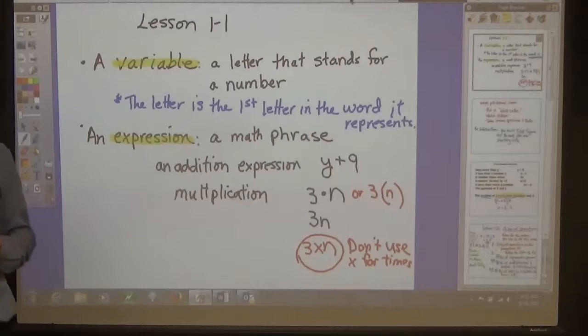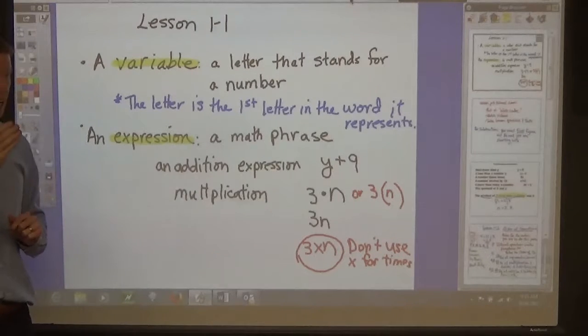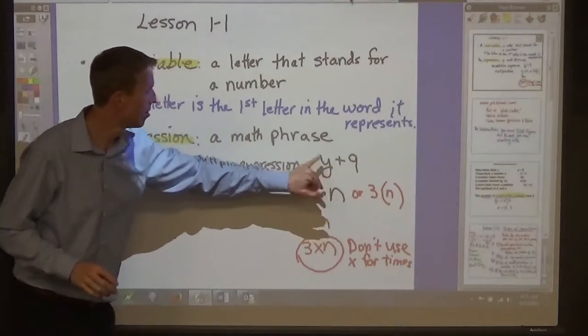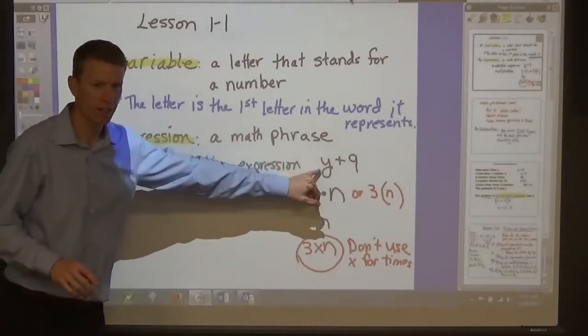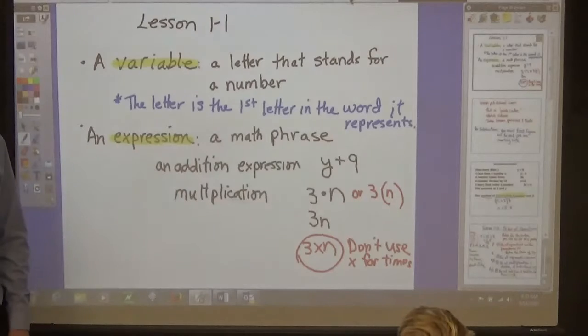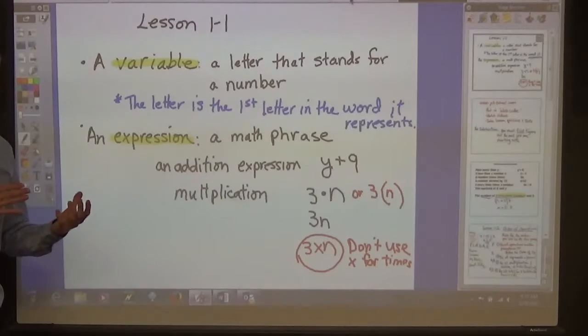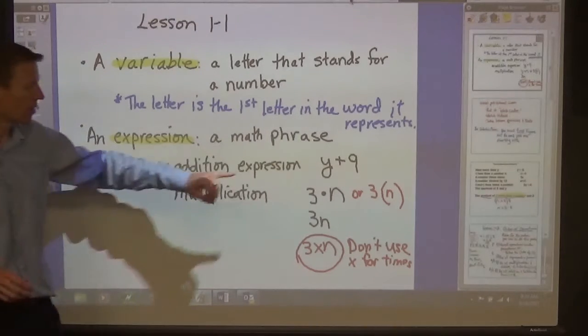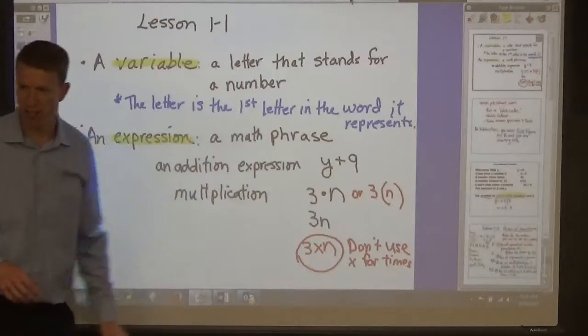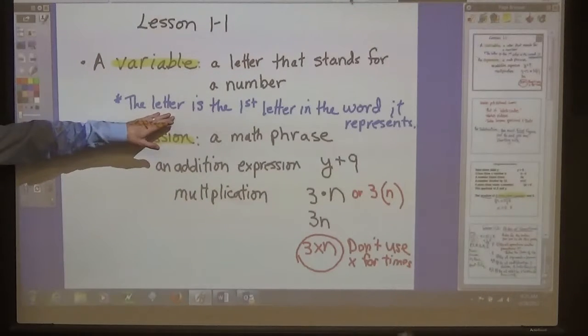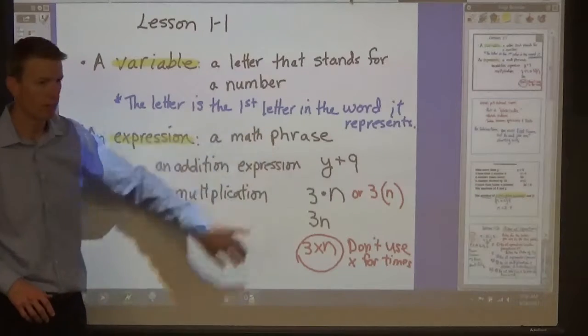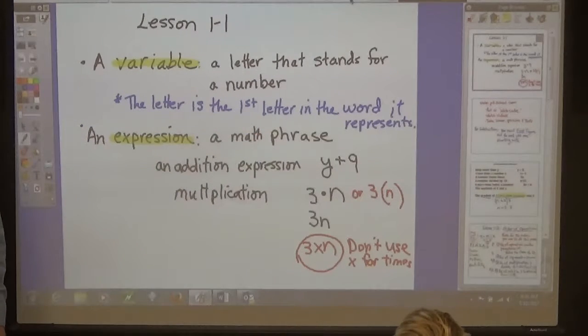If we were looking for the number of yards, we could say that there are y yards, and use the letter y. There are y yards in 60 feet, because we don't know it without doing the calculation. But we select the letter y because it represents yards. We oftentimes select a letter based on the first word in the problem that we're doing. Okay?